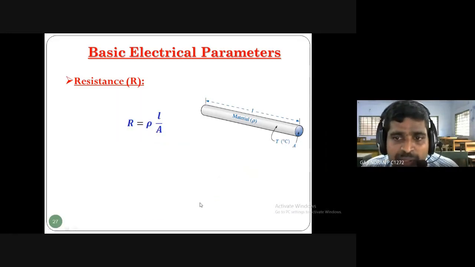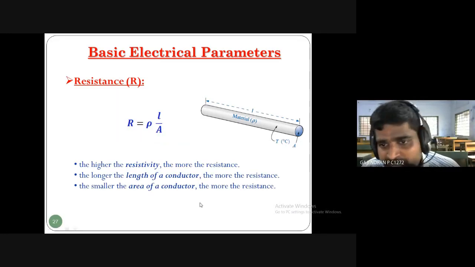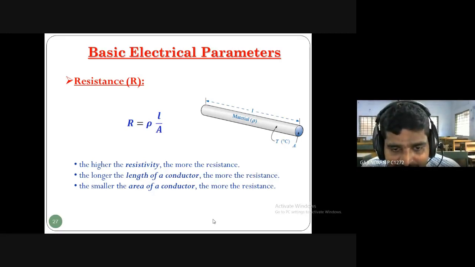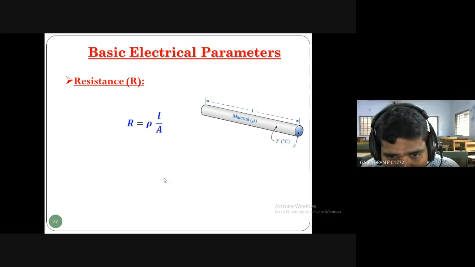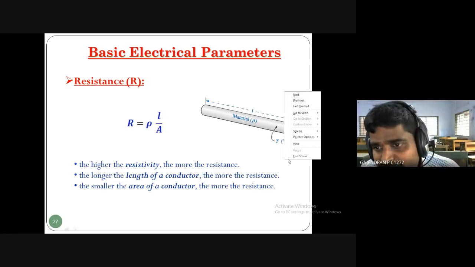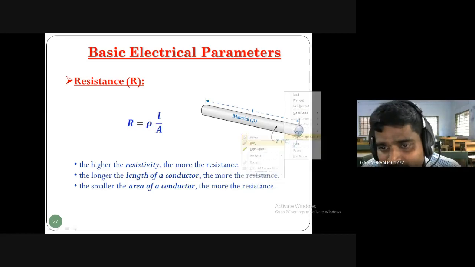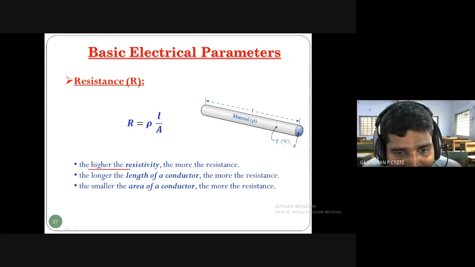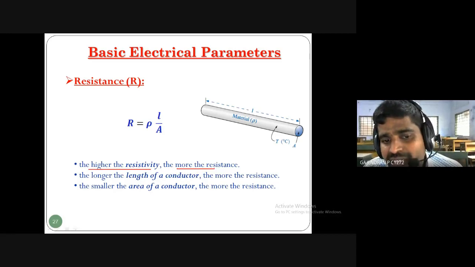Okay, then. Again the same content is elaborated over here. If you want, please take it down. Is there anything different here? No, here they elaborated the relation a little. The relation we have seen in equation format, they have given in words. If you increase the resistivity, the resistance will increase.